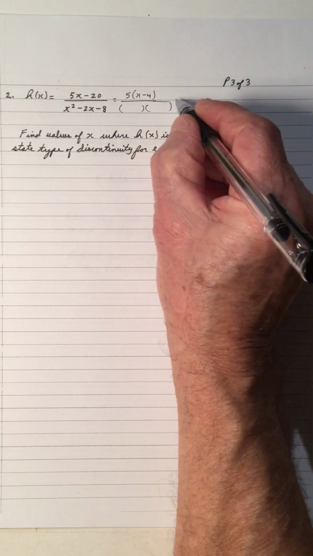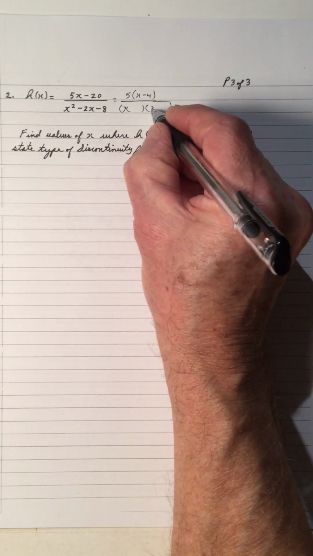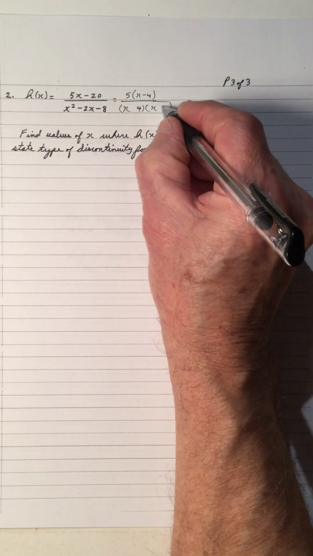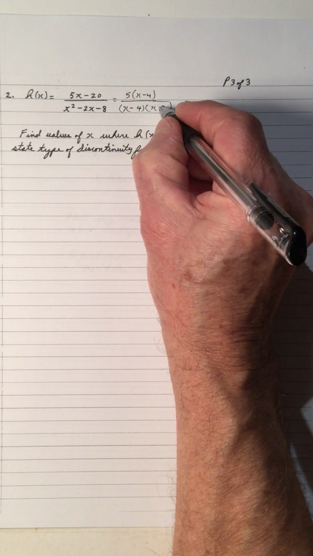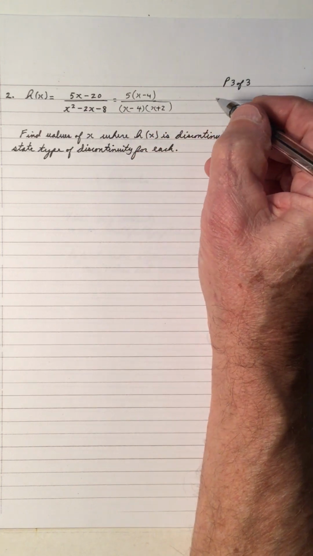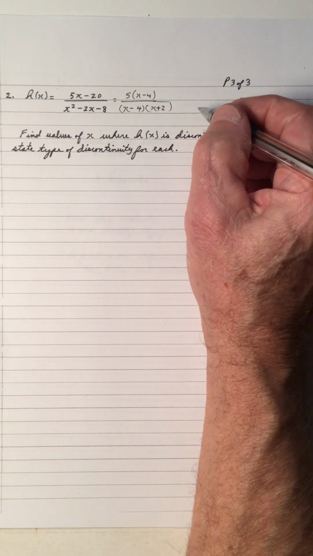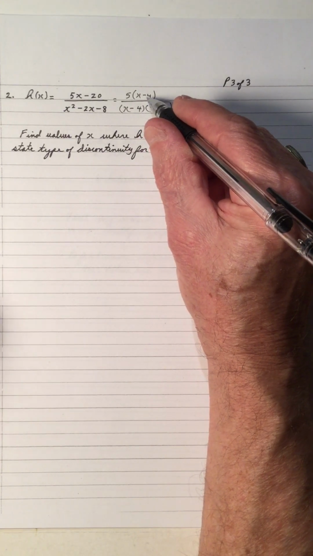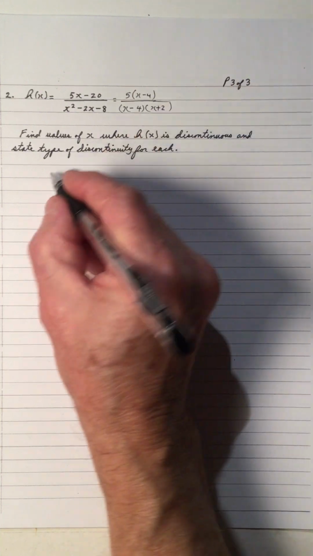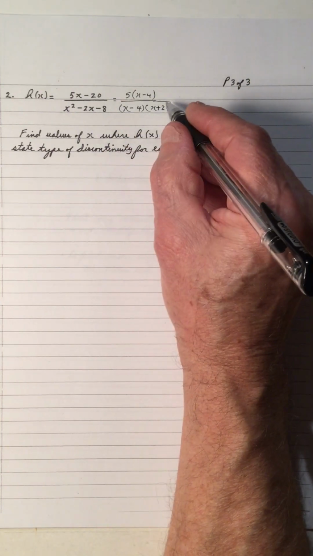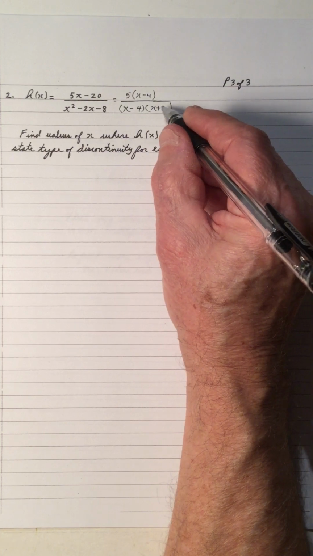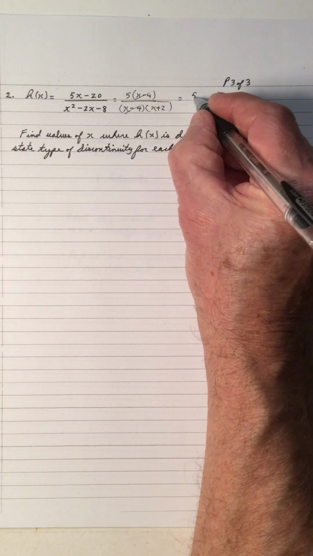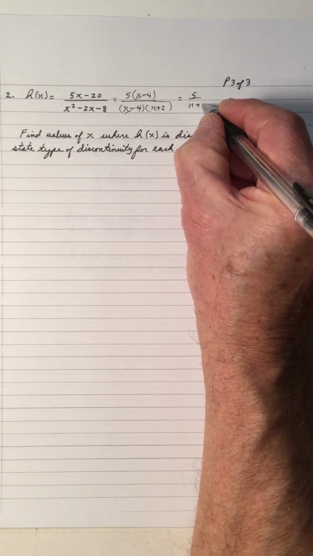Hopefully that quadratic is factorable nicely. x squared is x and x, and factors of 8 that give me a 2 are 4 and 2, so negative 4 plus 2. The x minus 4 cancels out, so this simplifies to 5 over x plus 2.